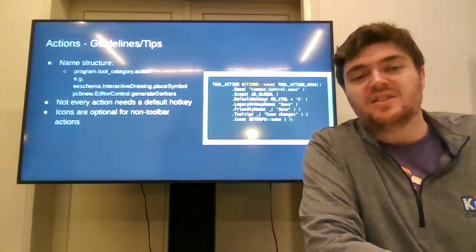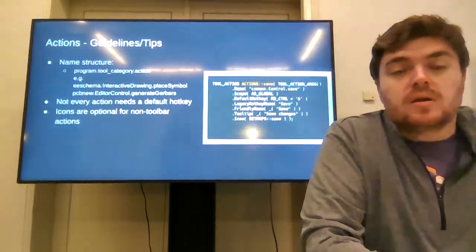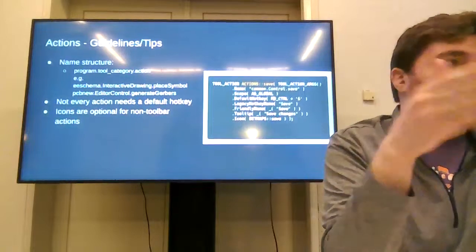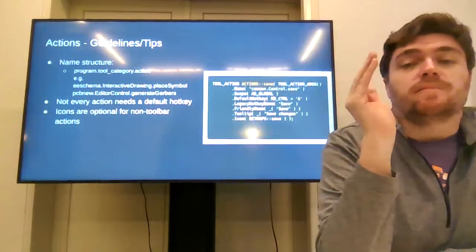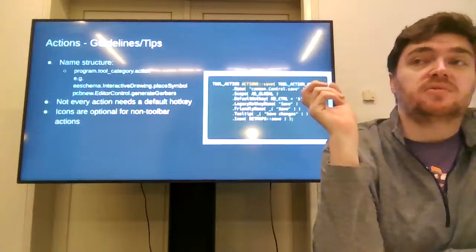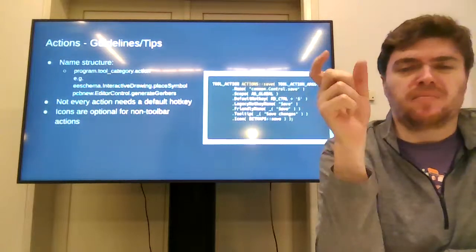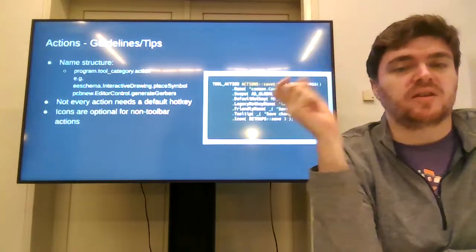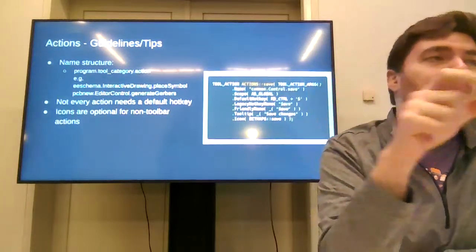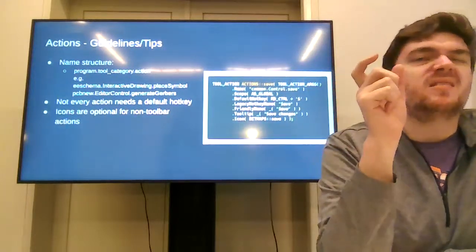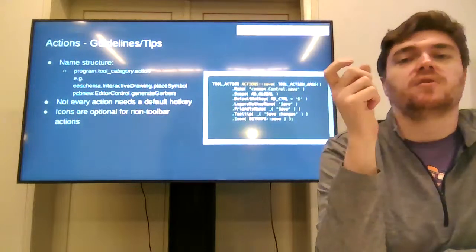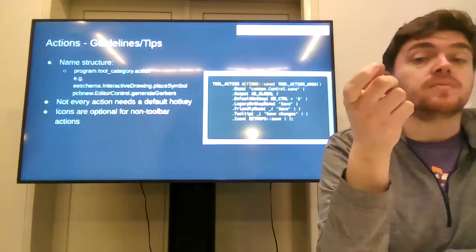So, action parameters. Some guidelines and tips for using actions. The name is generally a three-part name, where the first part is the program or common. For instance, we have PCB, I believe it's PCB new dot something, eeschema dot something, CVPCB dot something, common dot something. It doesn't really define a scope, but it gives us a visual indication of where the action is used.